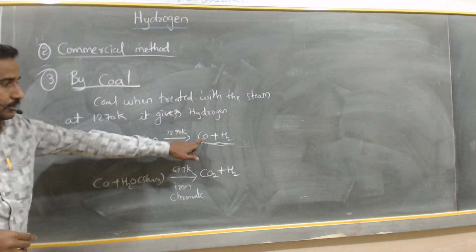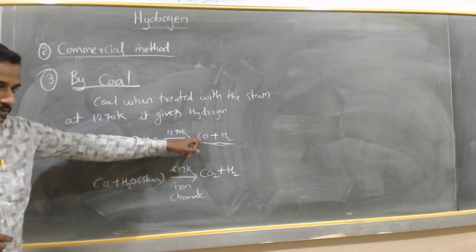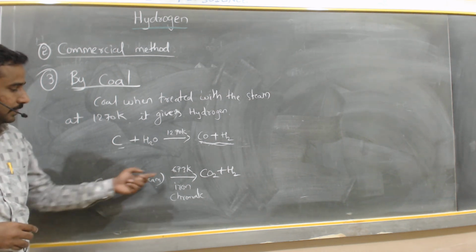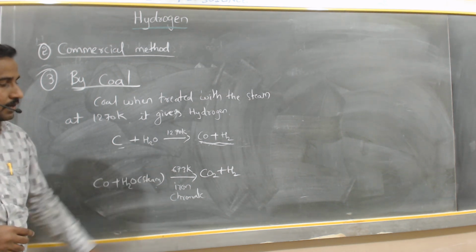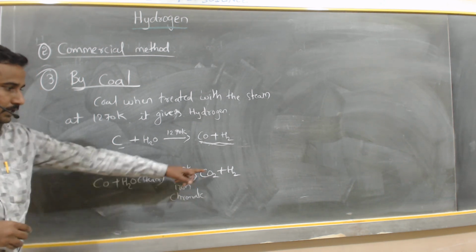So whatever carbon monoxide you got in the first reaction, you take it and again treat it with steam. Then at 673 Kelvin and in the presence of iron chromate, it will give carbon dioxide and hydrogen.